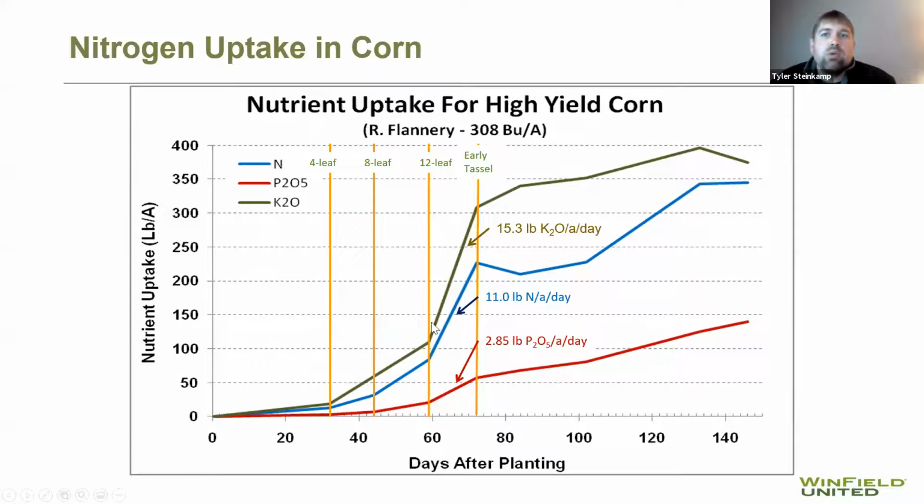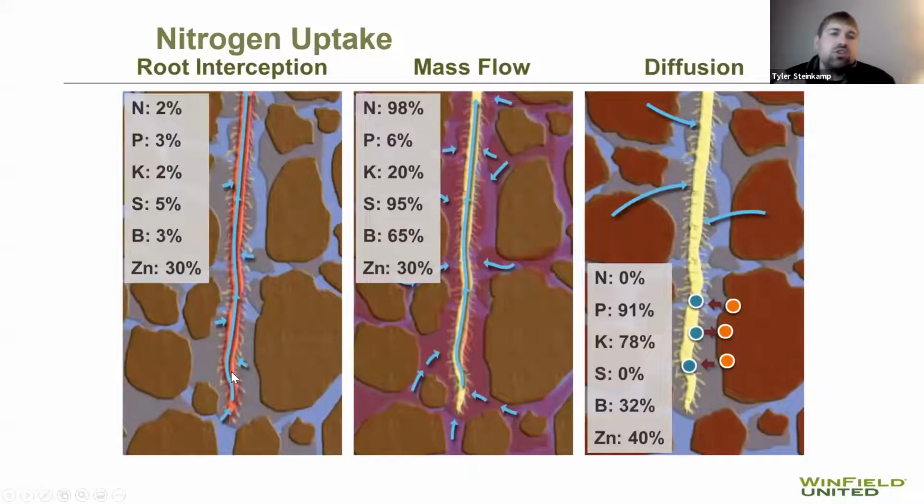Okay. Now, when you look at how nitrogen is taken up, again, nitrogen is taken up 98% of the time through mass flow. Okay, you can see the other 2%, which would be in the ammonium form, the plant's just running into it.